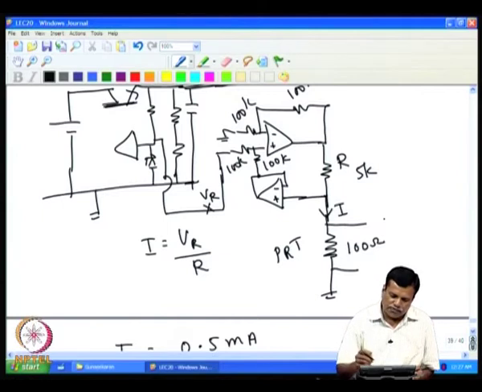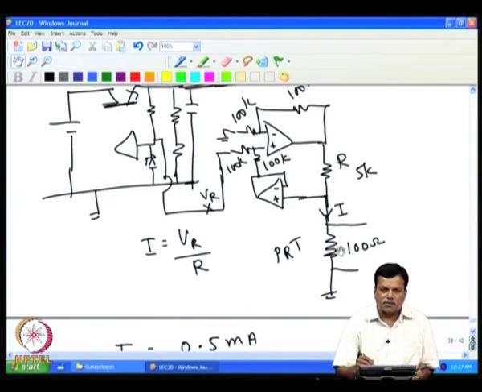And similarly, keeping higher current also is an issue, because higher current will make this device heat up, and we are measuring the temperature, and the current itself should not heat the platinum resistance thermometer. This is called self heating. To limit the self heating also, we have to reduce this current.